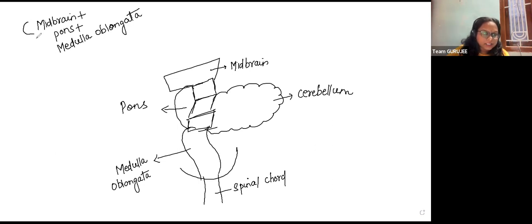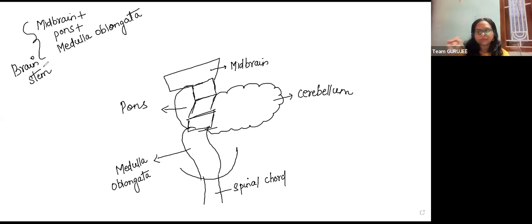These three together are called the brain stem. So it rises from down from the spinal cord. The medulla oblongata comes after your spinal cord, then it slowly moves up to the pons, and then finally it reaches the midbrain. So when you take your midbrain, pons, and medulla oblongata, together they are called the brainstem.